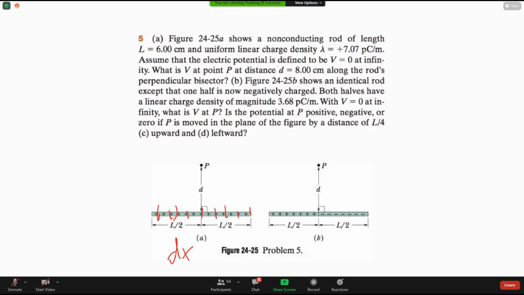So in this case, you take a dx at distance x, and the distance to P is r, where r equals the square root of d squared plus x squared.